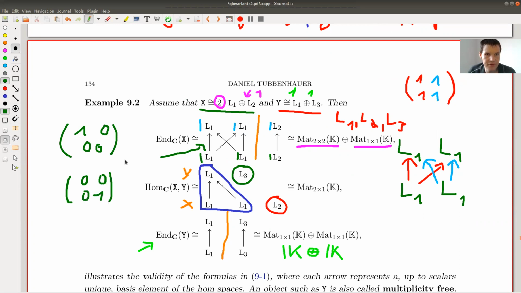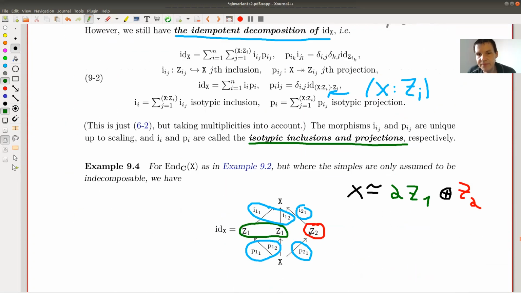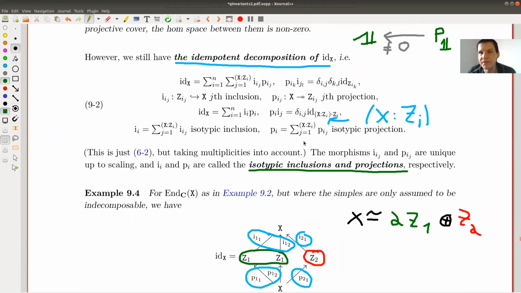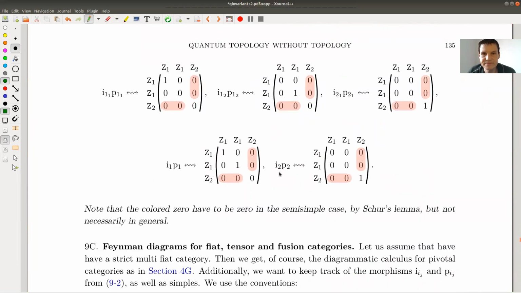So these are the straight arrows. I probably get my rows and columns wrong right now, but it doesn't matter. You will get the point. And this is why you get a matrix algebra. It's the same here, just that hom spaces are not trivial anymore. The best you can do is this idempotent decomposition. So you can write them down explicitly.